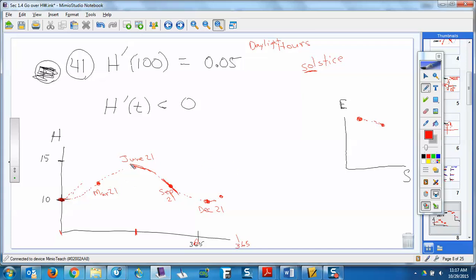The number of hours you're losing each day is pretty slow here in the summer, but you get here and what's happening? It's going faster. Every day seems like it gets darker earlier and earlier, doesn't it? Until when? September 21st. That's when the daylight hours are changing the fastest, at the inflection point, because that's when it's the steepest, because then it starts leveling off again, right?